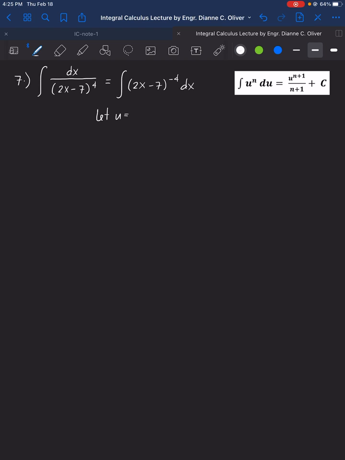So let u equal 2x - 7. du is equal to 2 dx. So it's not just dx. So if we substitute it into this pattern here, we complete that pattern so that it will be compatible with this entire formula. Substituting the values, we have the integral of the u, which is 2x - 7, the n, which is negative 4, and our du is 2 dx.